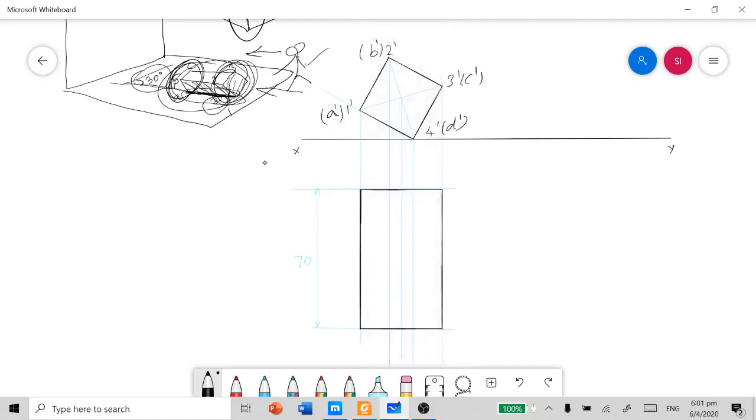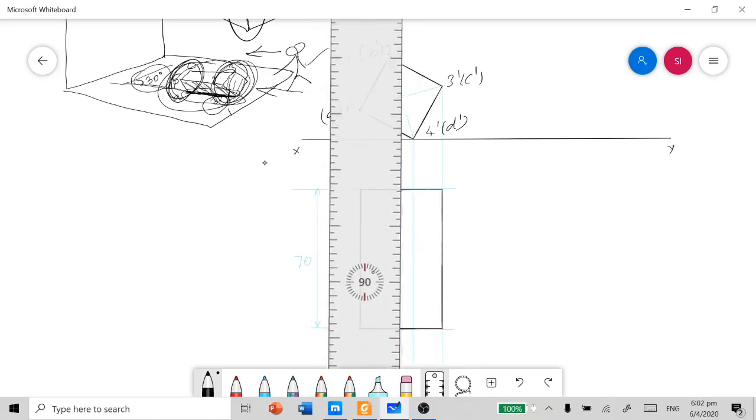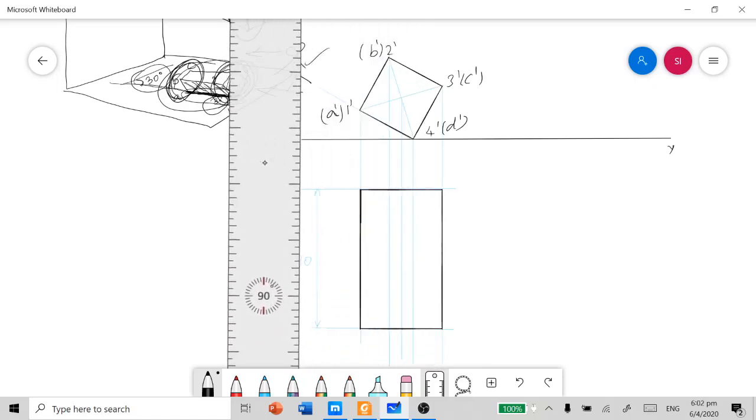Just draw, and in addition to that you need to highlight the interior long edges also. First give the names, thereafter we can find out which long edges are invisible. Here 1, 2, 3 and 4. Similarly A, B, C and D, and you have to highlight the axis also.